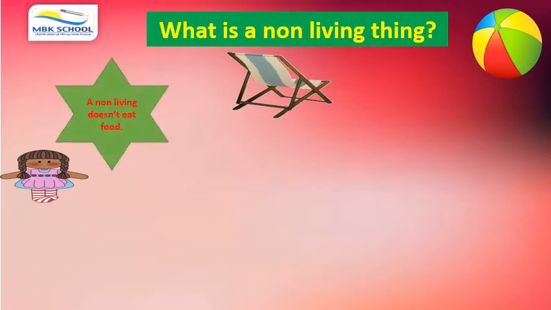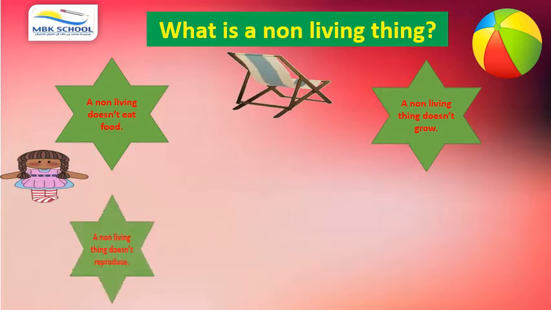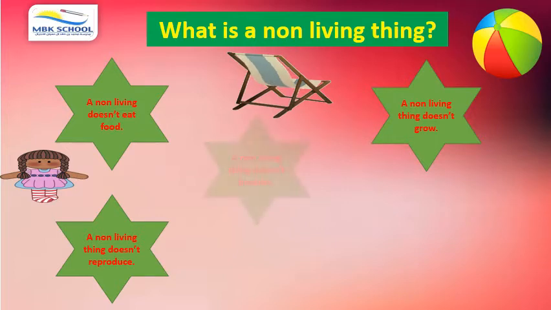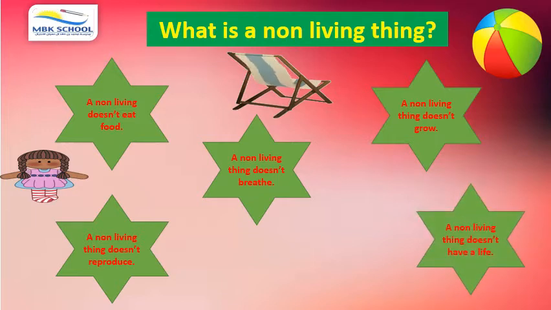A non-living thing doesn't eat food. A non-living thing doesn't grow. A non-living thing doesn't reproduce. A non-living thing doesn't breathe. A non-living thing doesn't have life.